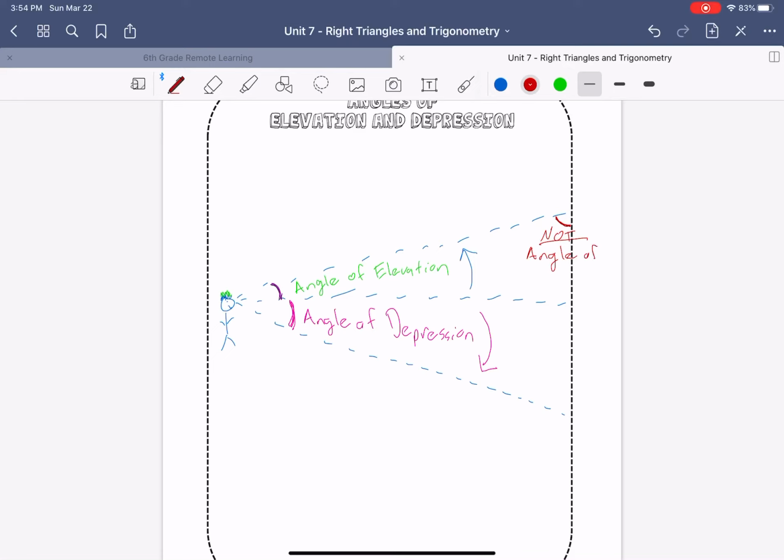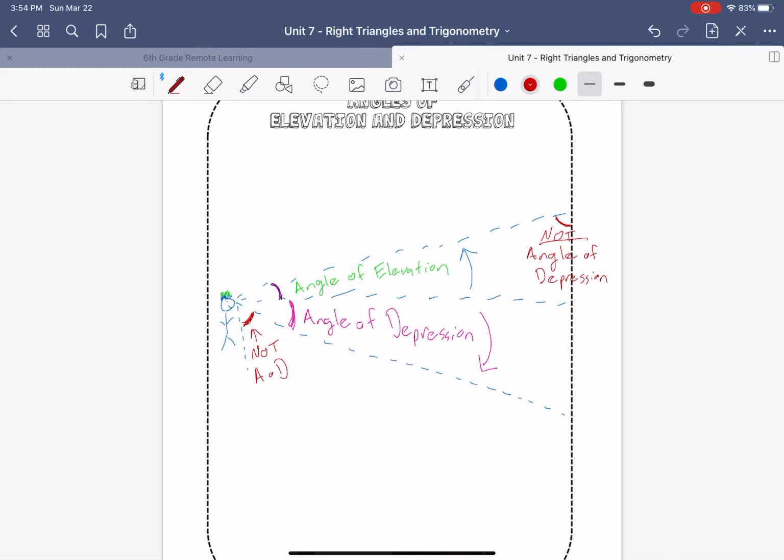Not angle of depression. Another one that sometimes people will mistake is this one right here. Once again, that's not from the horizontal downward, so this is not an angle of depression.